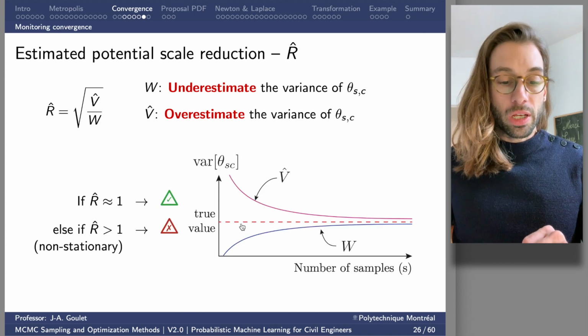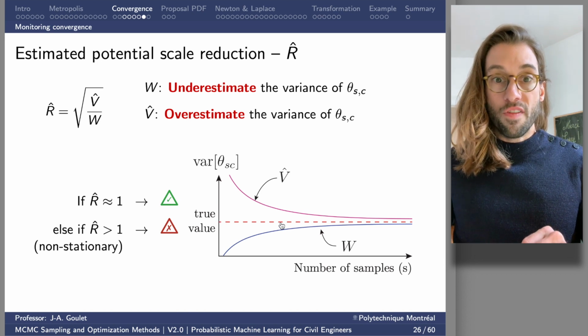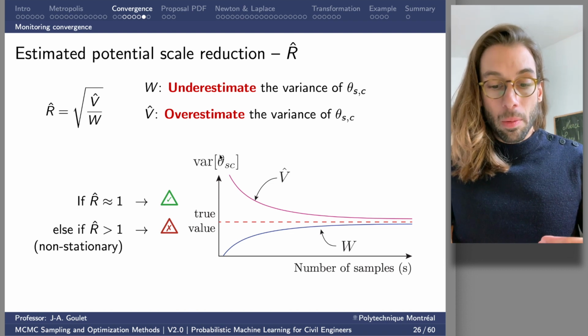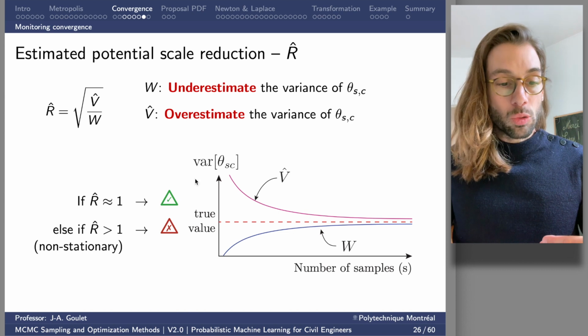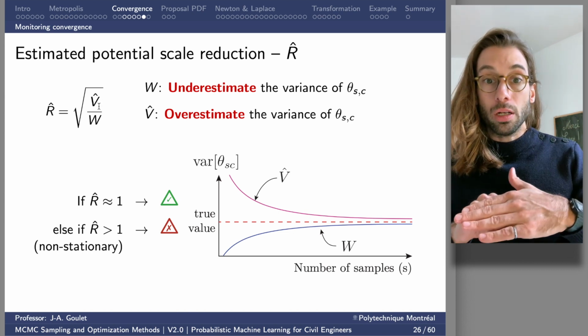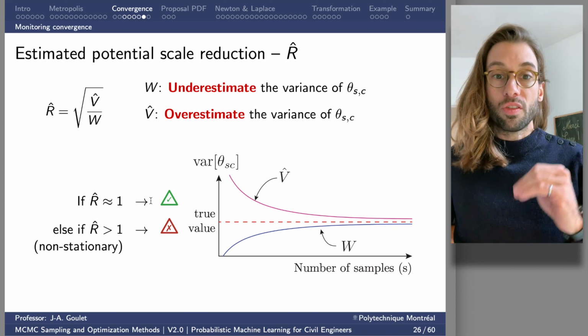So at the end, what we can say is, if I have a true value for the variance of my samples, V hat is going to approach it from the top as the number of samples increases, and W is going to approach it from the bottom. V should always be greater than W, meaning that when we take that ratio, it's going to asymptotically tend to 1. If it's very close to 1, we're going to say we have converged.